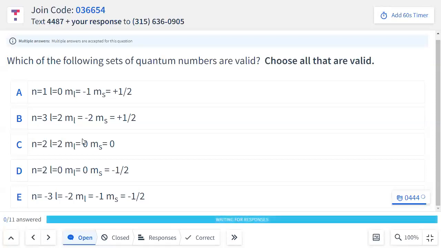I want you to choose which ones are which. So there are multiple possible answers here. So I'll give you a minute to work on it. And then we'll go through and talk about why the answers are correct or incorrect.